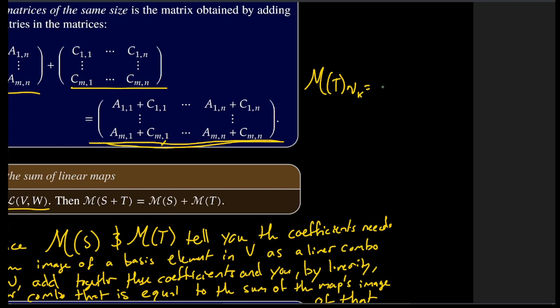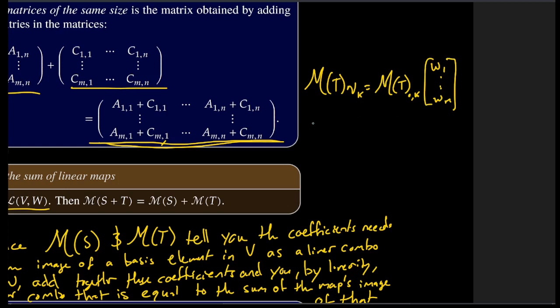Sum it up. So I will write this as the kth column, MT dot comma k, the kth column, and then the w's. So w1 on down to say wm. Okay, cool. Just go across and down, add it up. You get back what this image is.